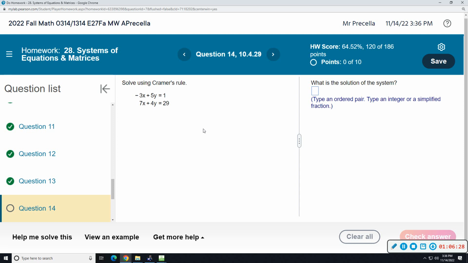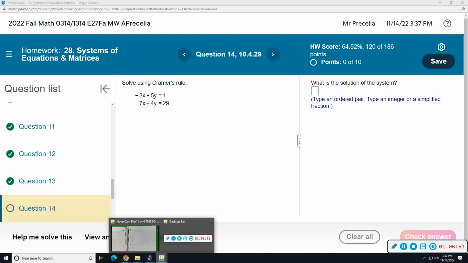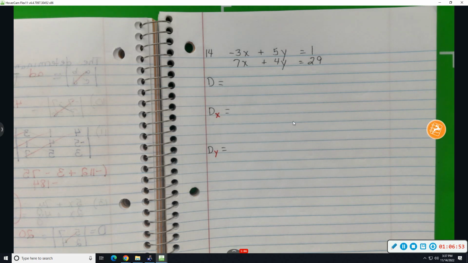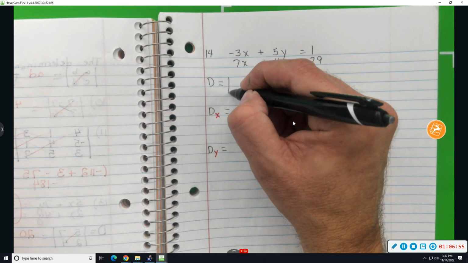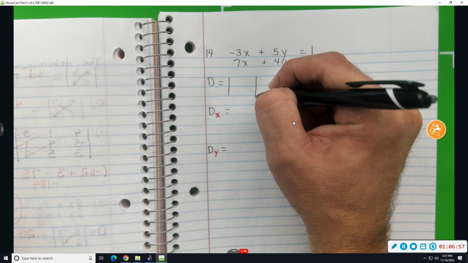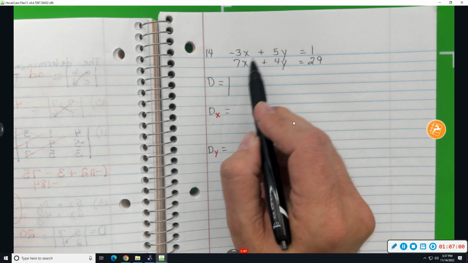Then we're going to find d with a subscript of x, and then we'll find d subscript y. Let me make sure I didn't miscopy it. Okay, I don't see any miscopies. You start off just writing out the 4 coefficients.